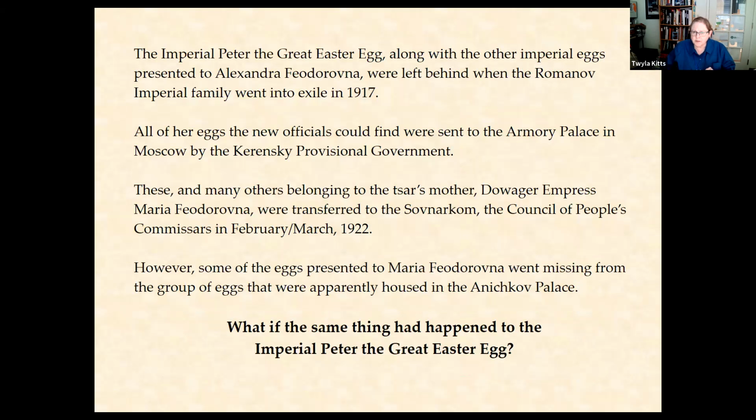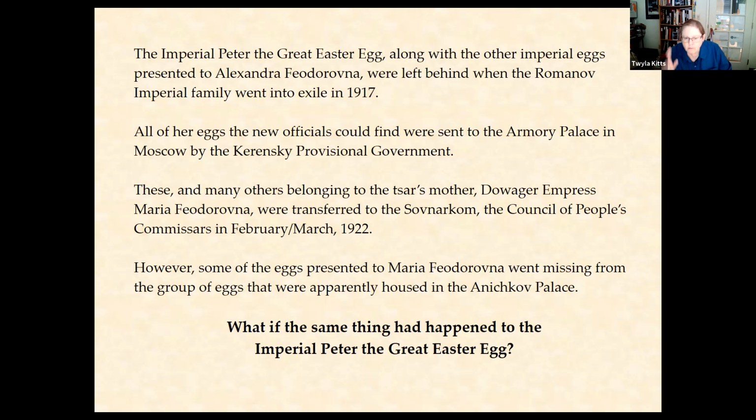So this imperial Easter egg, along with all of the other imperial eggs presented to Alexandra Feodorovna, were left behind when the Romanov imperial family went into exile. All of her eggs that the new officials could find were sent to the Armory Palace in Moscow by Kerensky's government. But these and many others belonging to the Tsar's mother were transferred to the Sovnarkom, the Council of People's Commissars, in February or March of 1922.